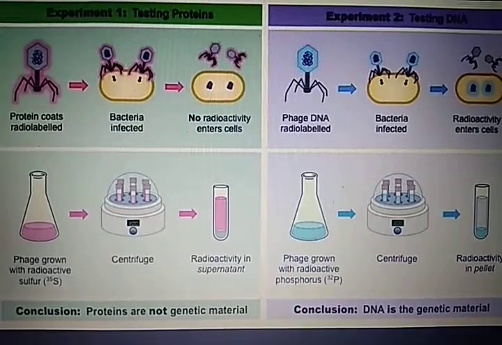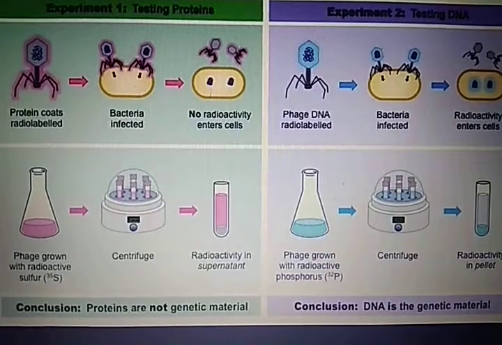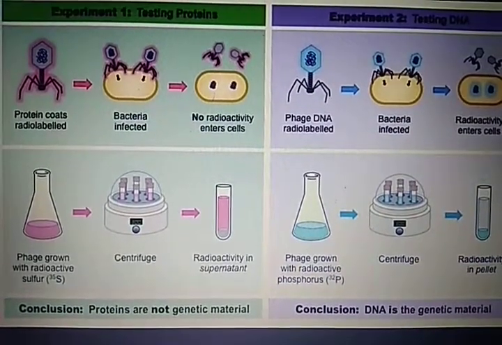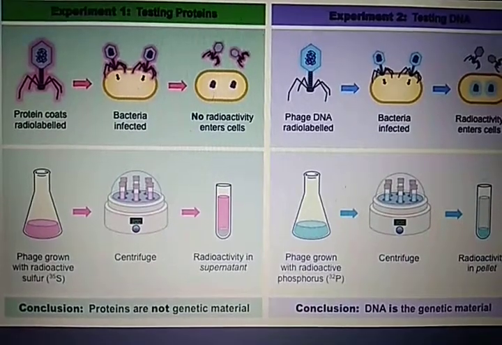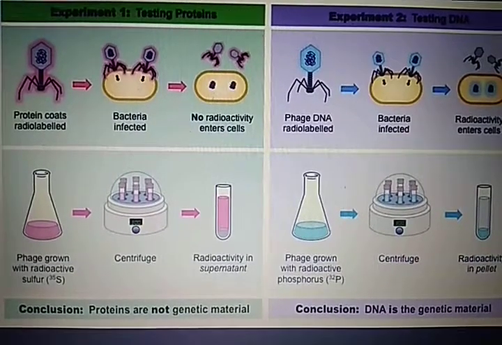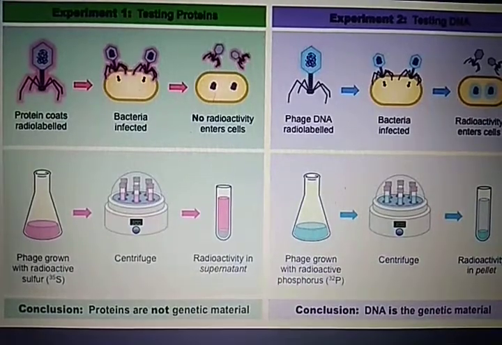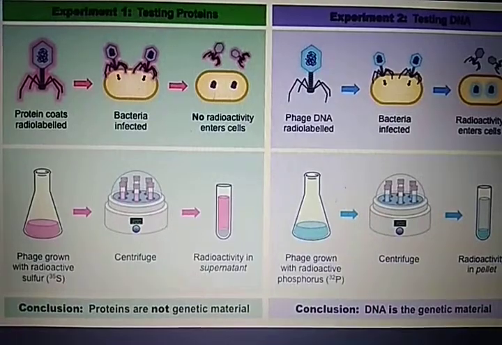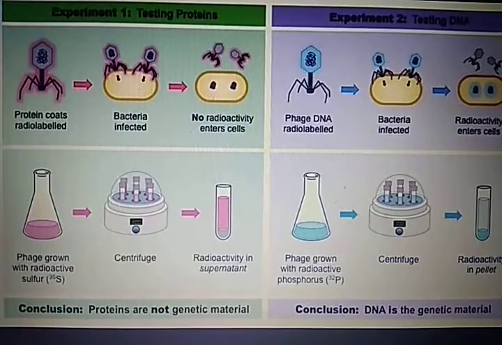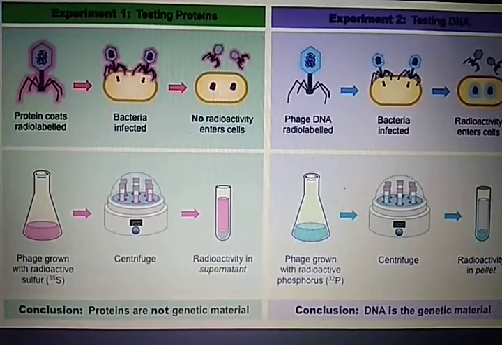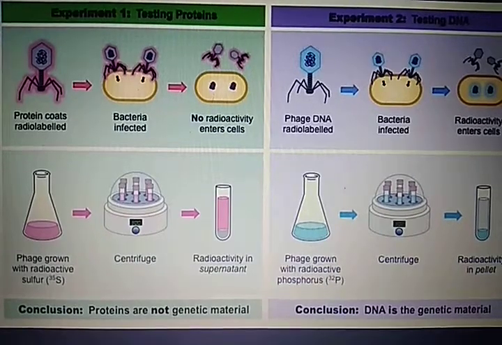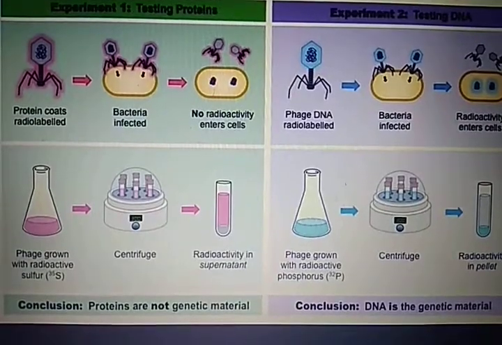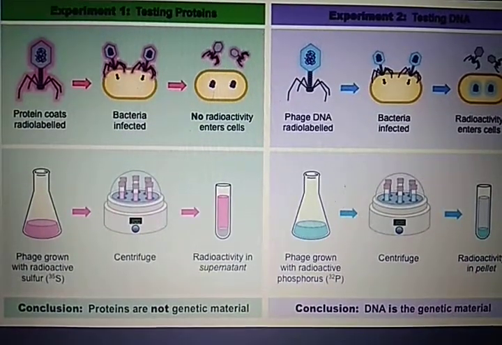The virus which is grown in the radioactive phosphorus medium is identified by the radioactive phosphorus containing DNA. In other words, the DNA of the phage gets radiolabeled, while the bacteriophage grown in the radioactive sulfur medium develops protein coats which are radioactive, so they can be identified by the radiolabeled protein.